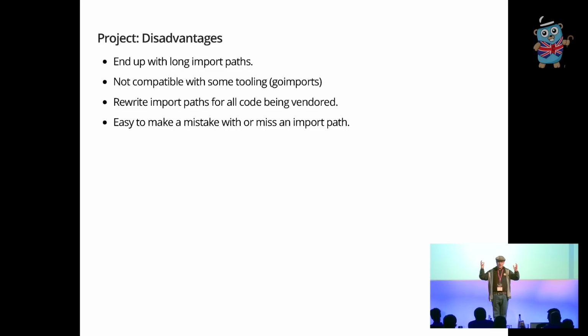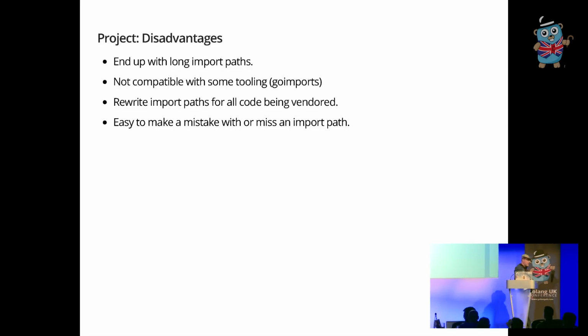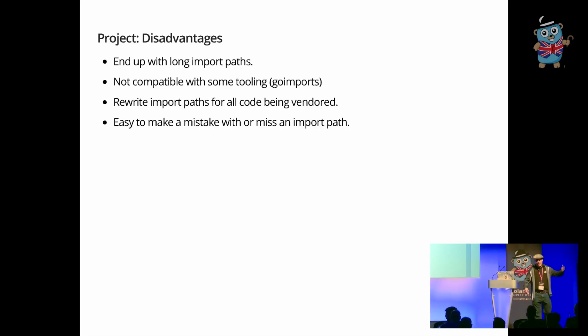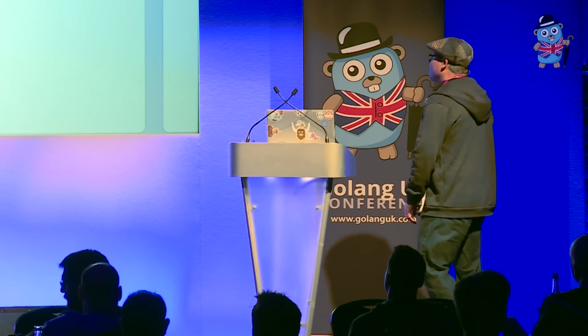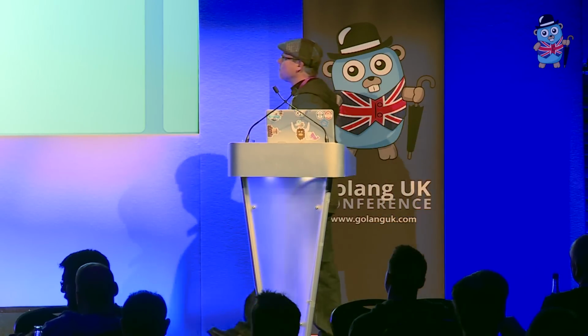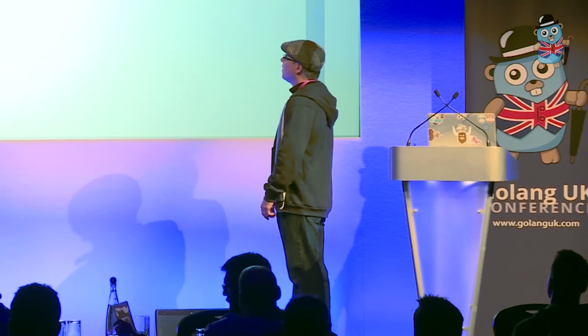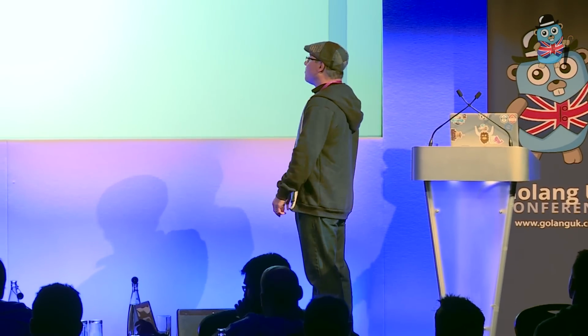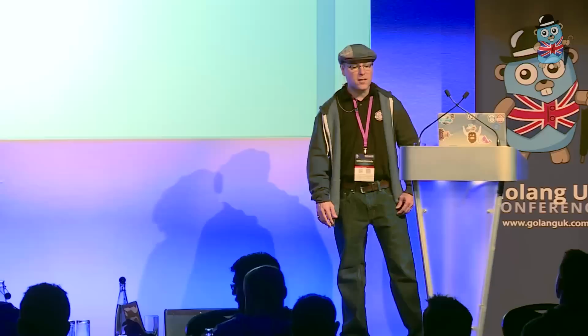But what happens is Go imports ends up pulling in always whatever's in my Go path, and then I always forget that I've got the wrong import in the wrong place. And that drives me nuts as well. So there is some compatibility issues around some of the other tooling. We've got to, again, rewrite those import paths, and there's always a chance of making mistakes, and we usually don't catch those until we try to build something, test something on the CI server.